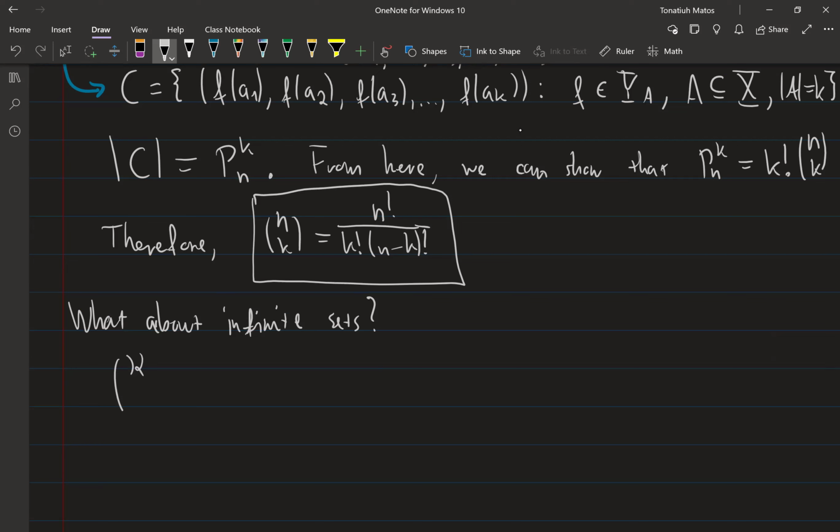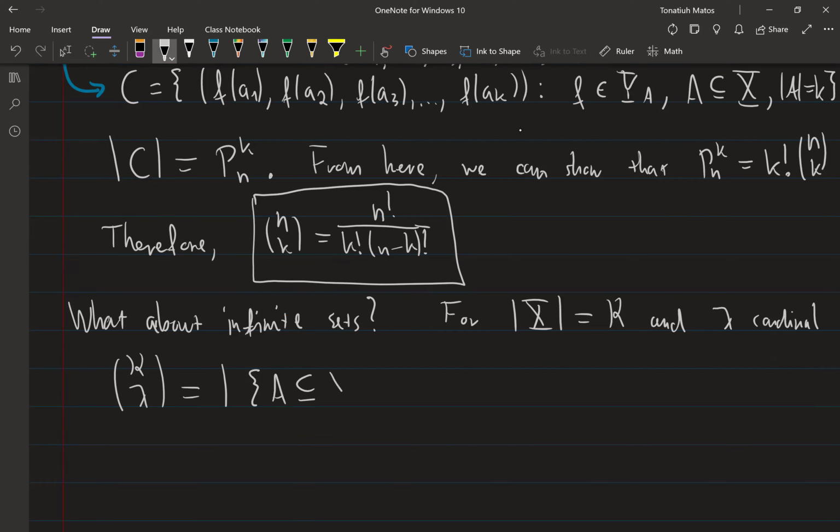You take a cardinal kappa, you take a cardinal lambda, and for some set X of cardinality kappa, and lambda another cardinal. I know we didn't properly define what a cardinal is, but we did define this symbol when you put a set in these vertical bars, like absolute value. So you could still make sense of this quantity.